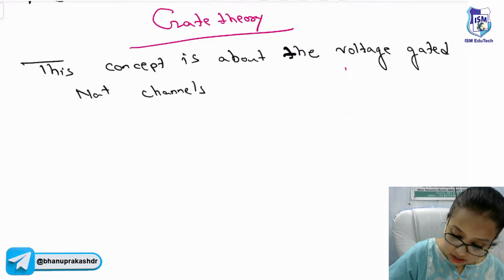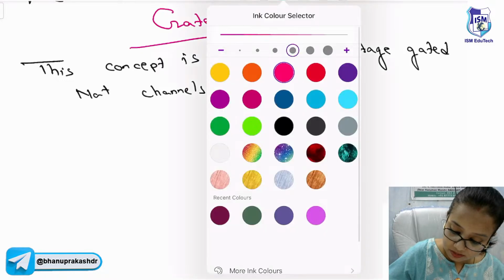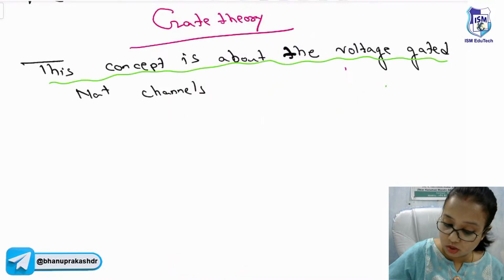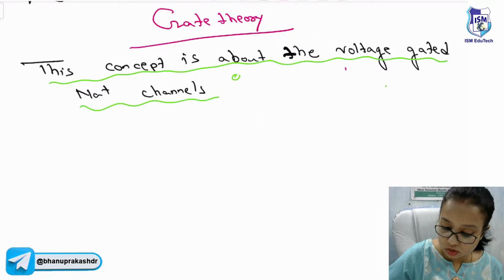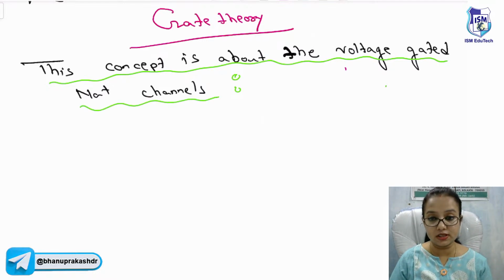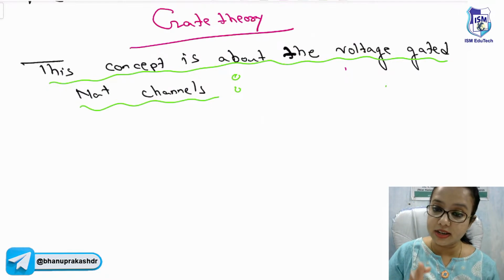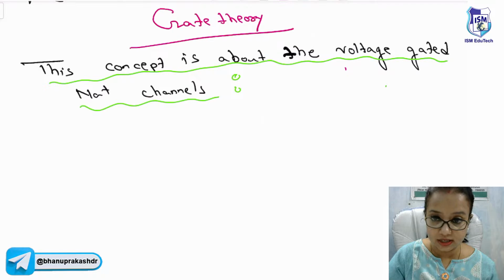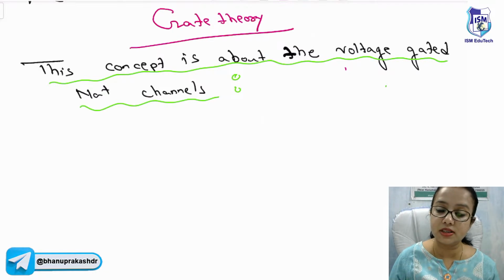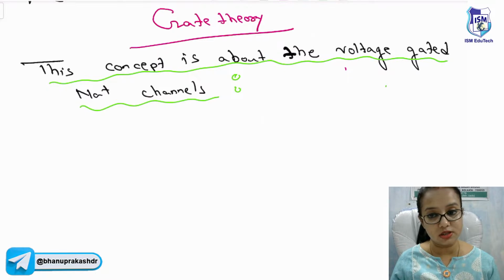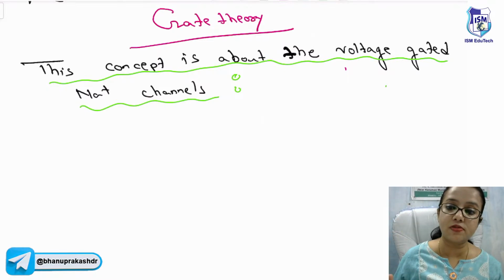Now, you may wonder why over and over we have been studying this voltage gated sodium channel so much. See, when it comes to cardiac function, the function of the heart, it is the ventricles which are the pumps, right? Atria are the capacitor. They just receive the blood from the systemic circulation and pulmonary circulation, and they pass it on to the ventricle.